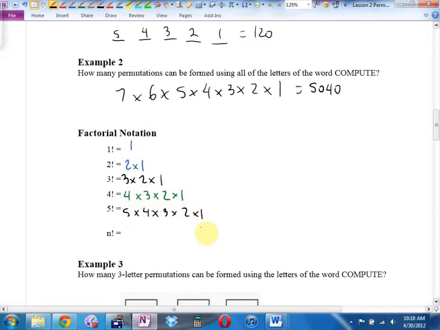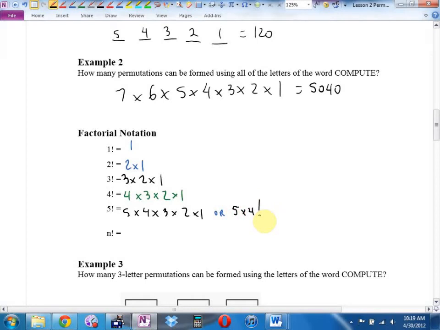By the way, once you've written that down, let me show you another way to think about this. Five factorial is really 5 times 4 factorial, isn't it? Because wasn't 4 factorial 4 times 3 times 2 times 1?